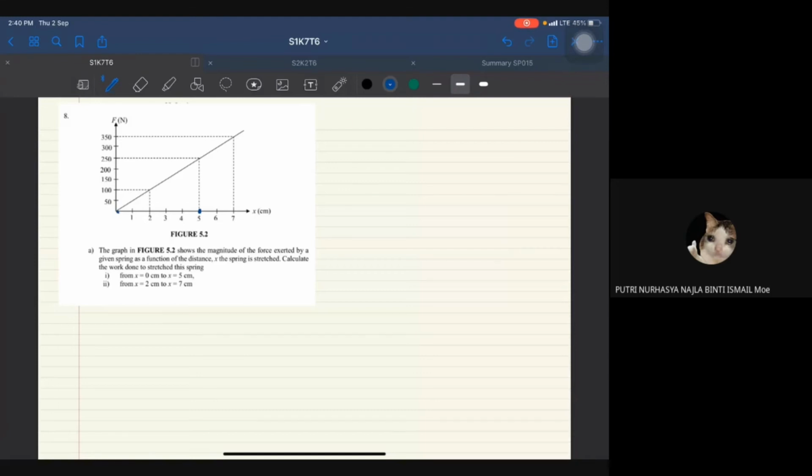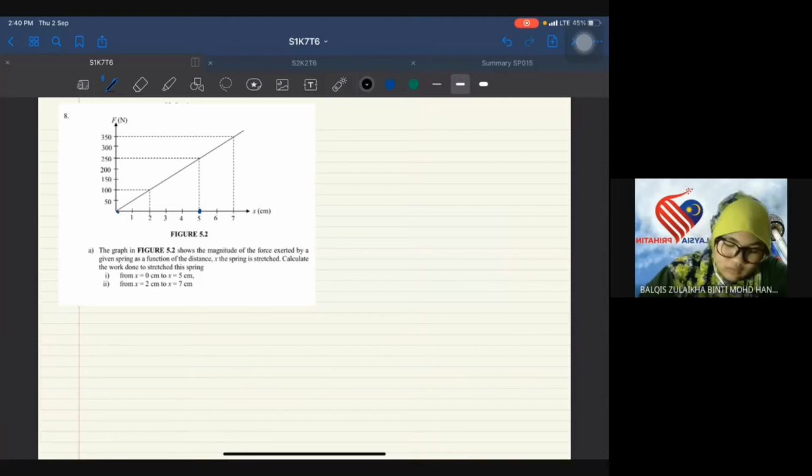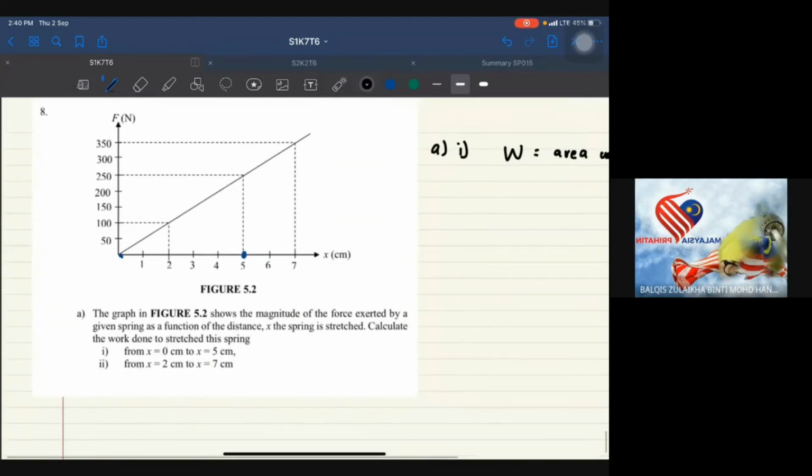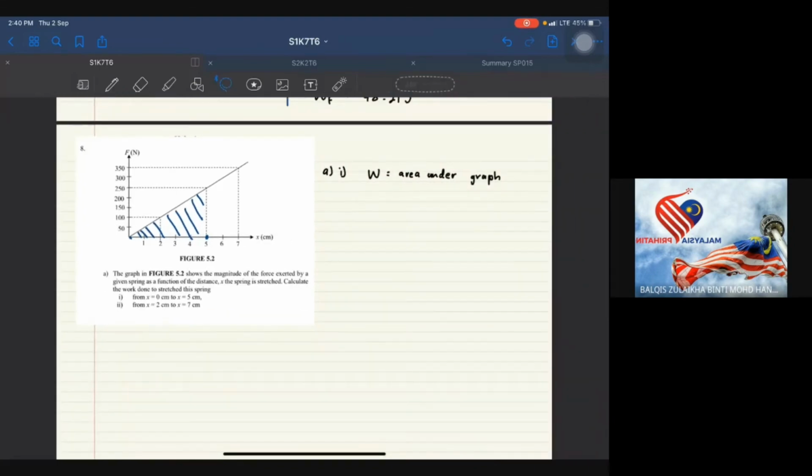So how do you want to calculate the work? Find the area under the graph. Yes, okay. So for question A1, work is equal to the area under the graph. The area under the graph from 0 to 5 will be this one. Let me draw it again.